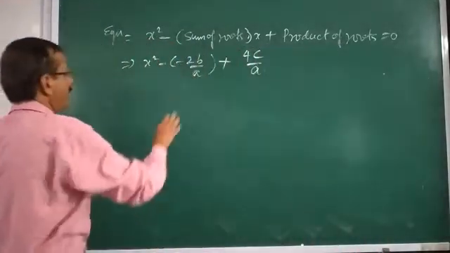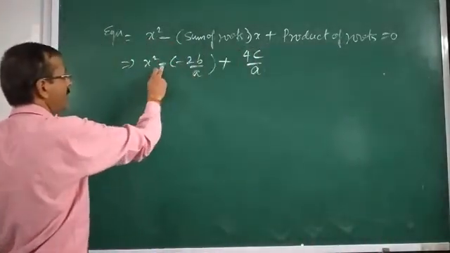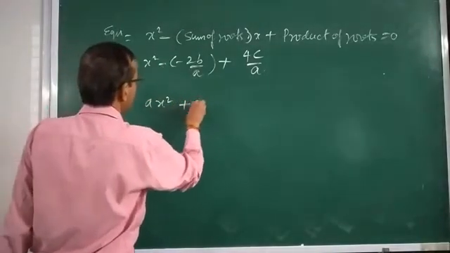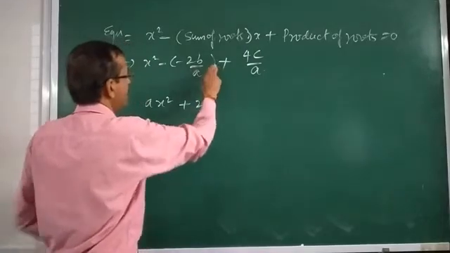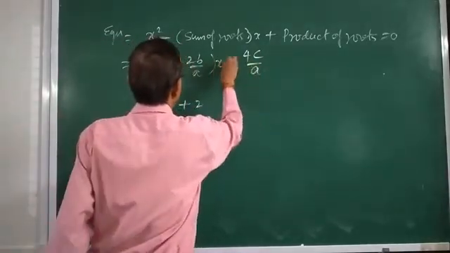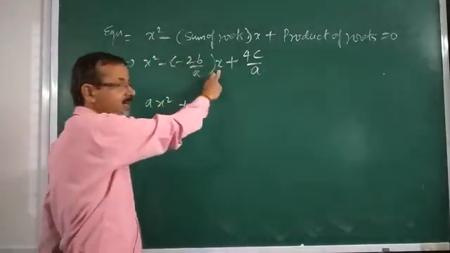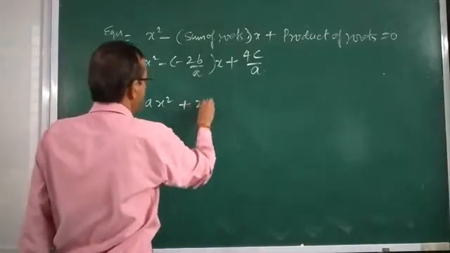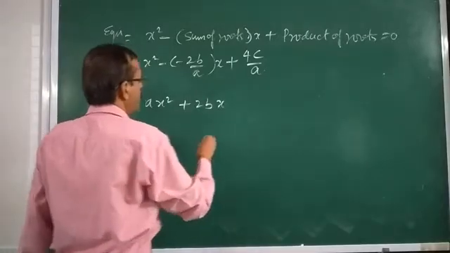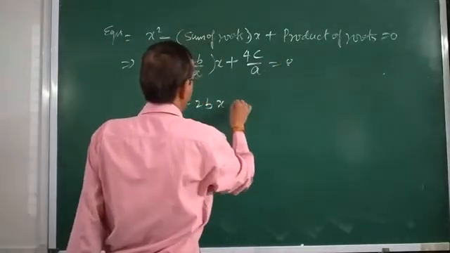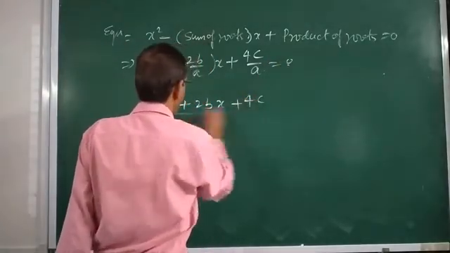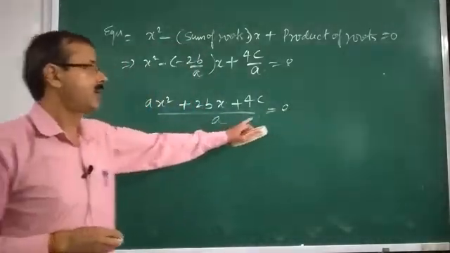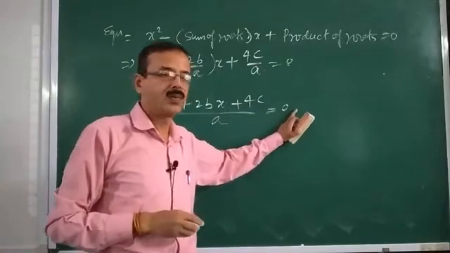Taking the LCM a, what will be here? We can write ax square plus 2bx plus 4c, whole upon a, that is equal to 0. Transposing a to the right side, it will be equal to 0.